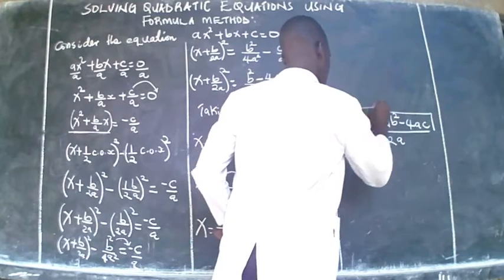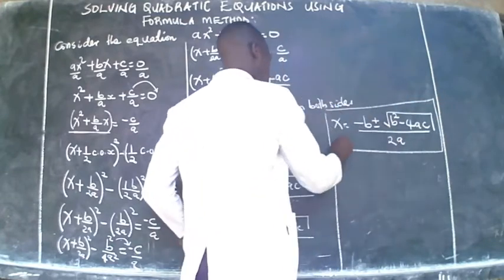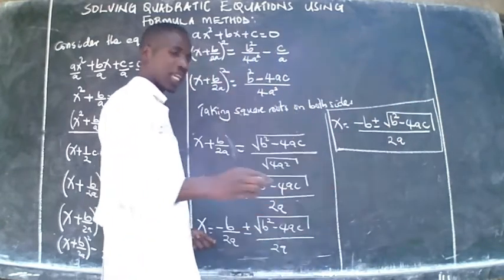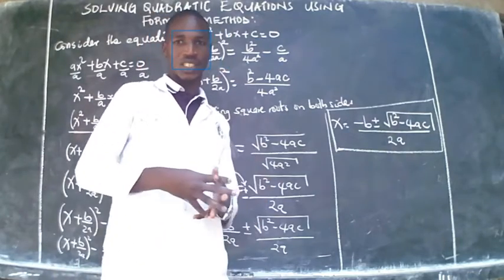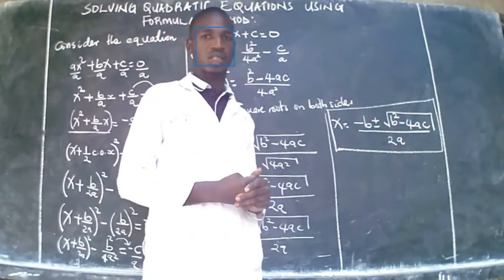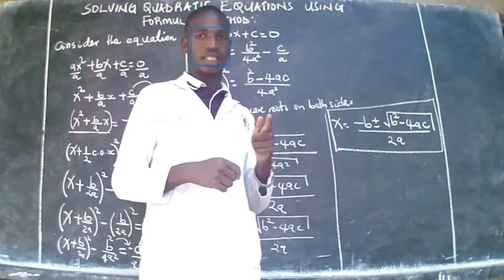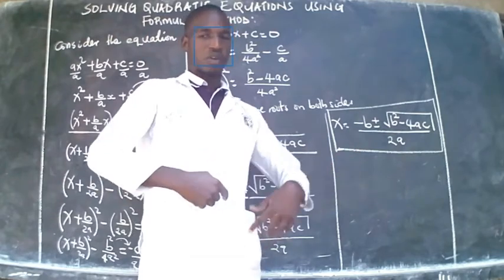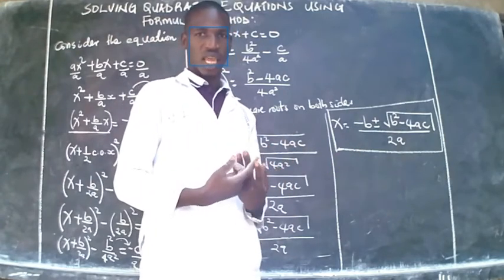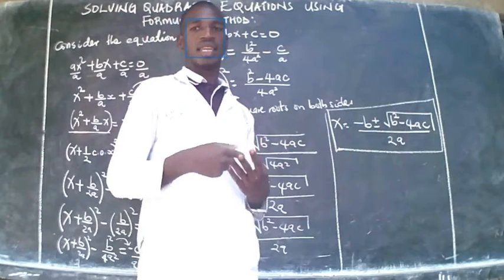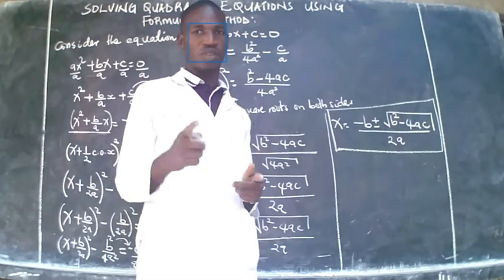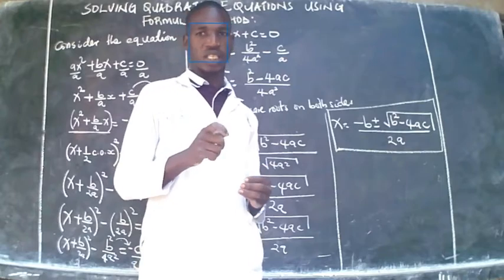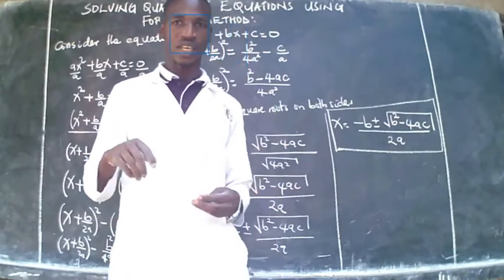Square root of b squared minus 4ac. Good. This is what we call the quadratic formula. If the equation is of the form ax squared plus bx plus c equals 0, and I want to get the value of x, then it's given by negative b plus or minus square root of b squared minus 4ac divided by 2a.